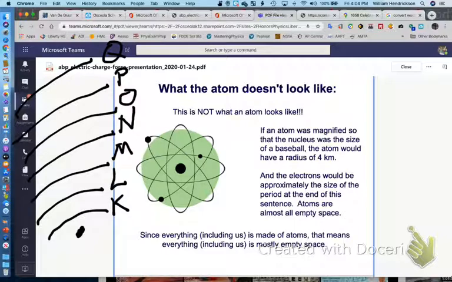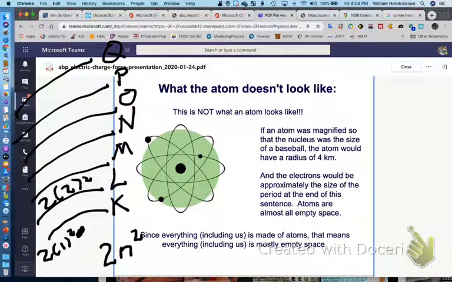And we can see how many electrons would be on each of these rings by using 2n squared, where n is the ring number. So for K, it's 2 times 1 squared. For L, it's 2 times 2 squared.